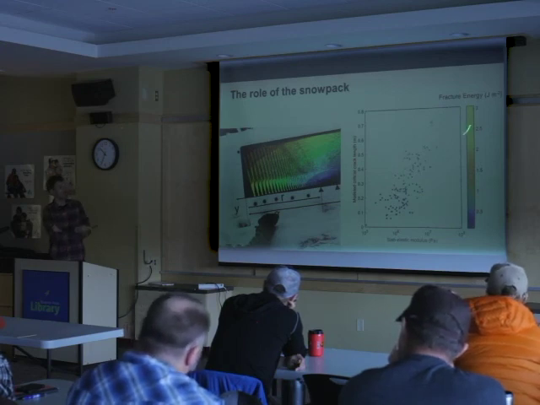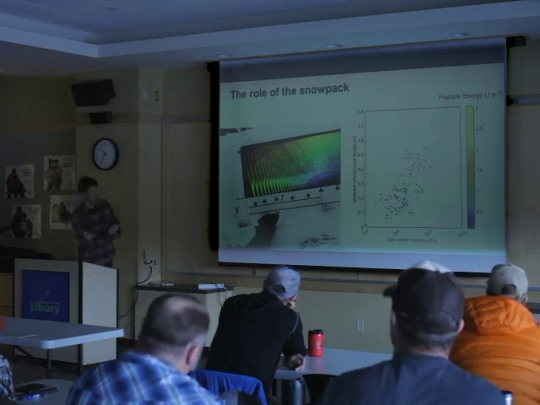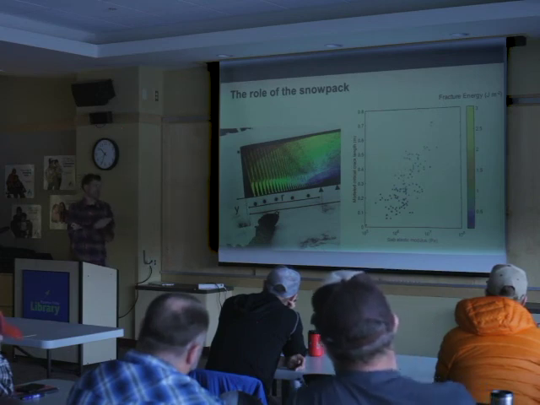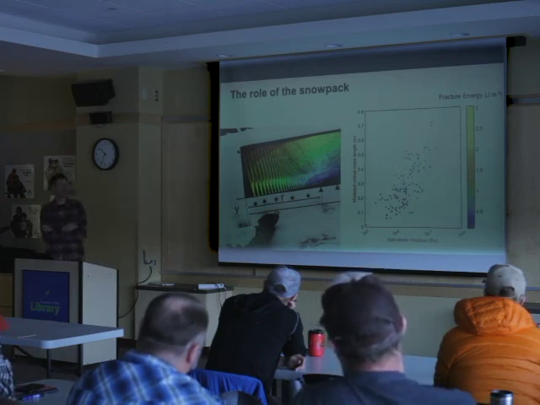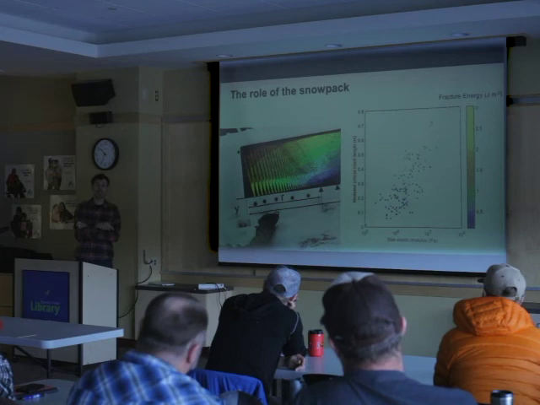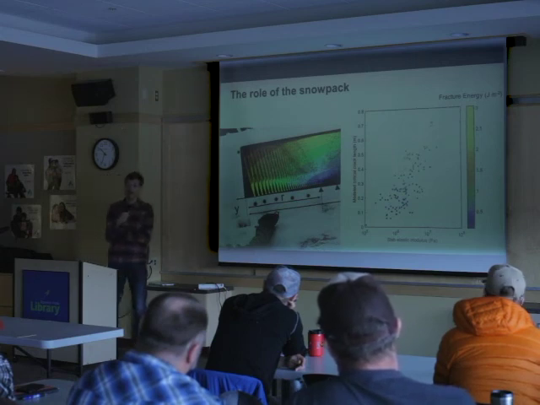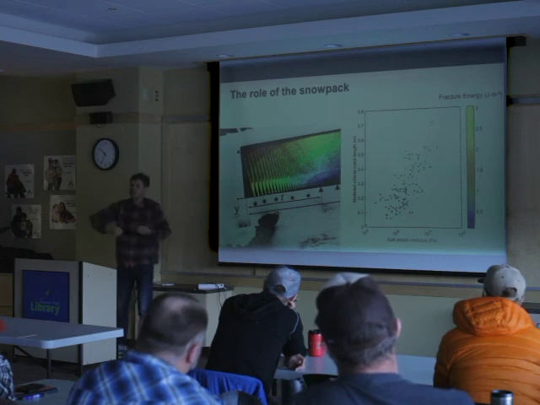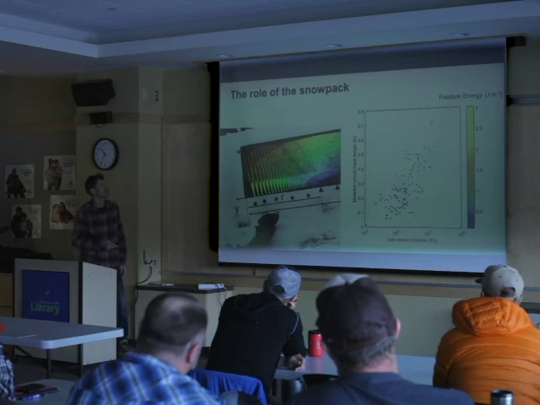And again, you can see here a control of the modulus on the critical crack length. So the stiffer the slab, the less likely it is that a crack starts. Not saying that the crack propagates, I'm saying that it's the onset of crack propagation. You need a lot of deformation energy to start this propagation.